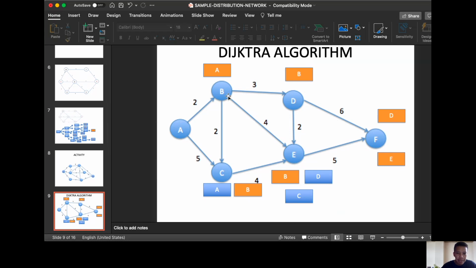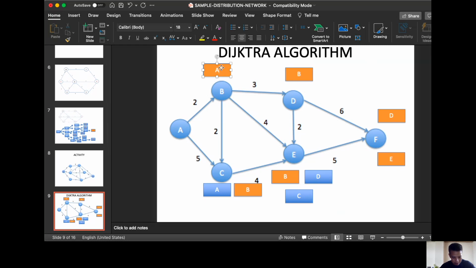For example, if we look at B, there is only one box because there is only one node pointing to B. But if we look at C, there are two boxes because there are two arrows pointing to C. Same with E. It has three boxes, therefore three arrows. So let's explore how this Dijkstra algorithm works.